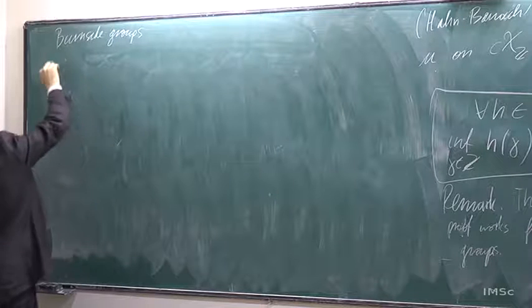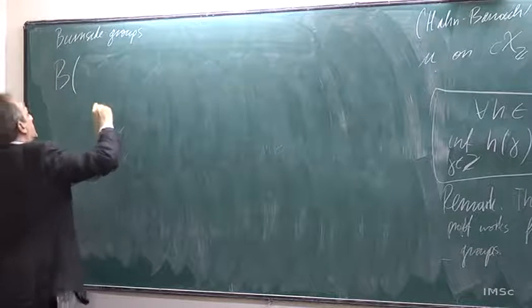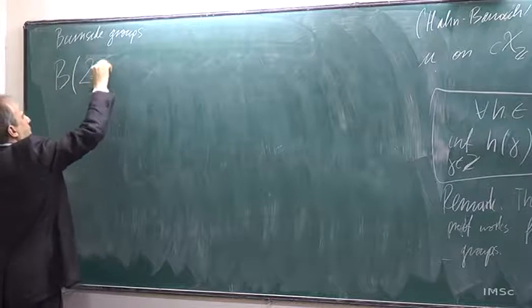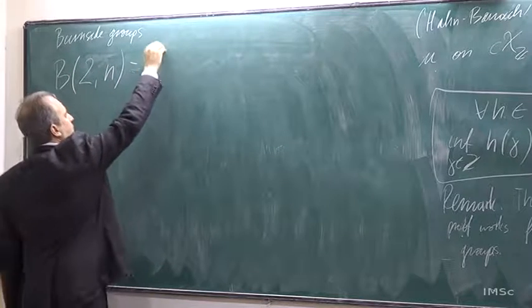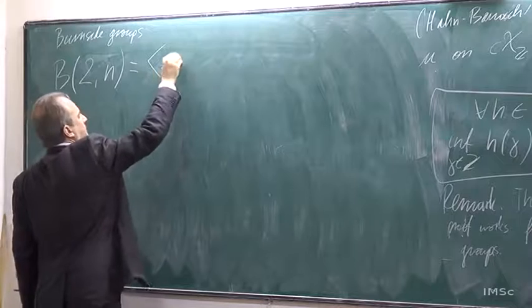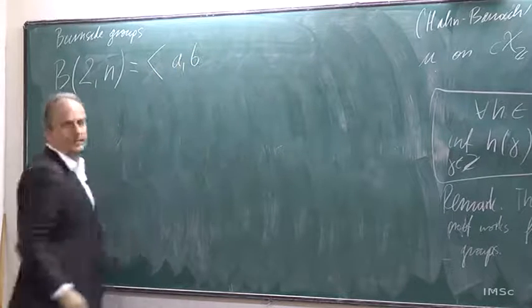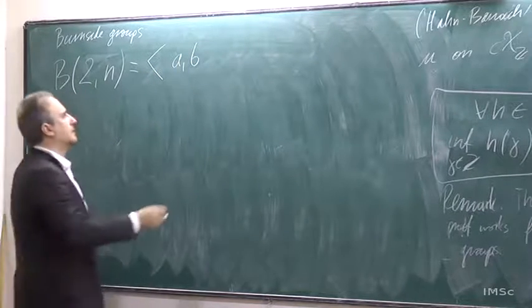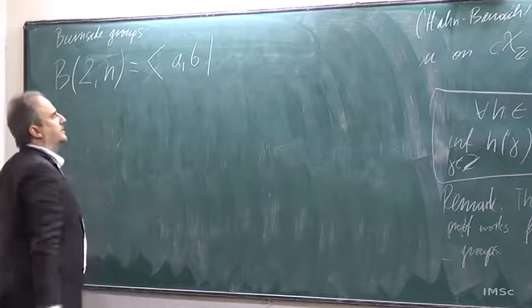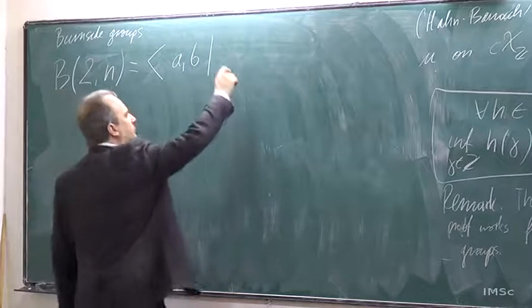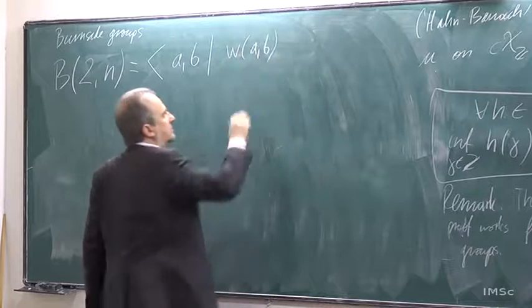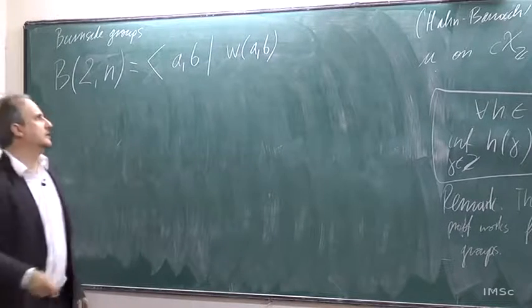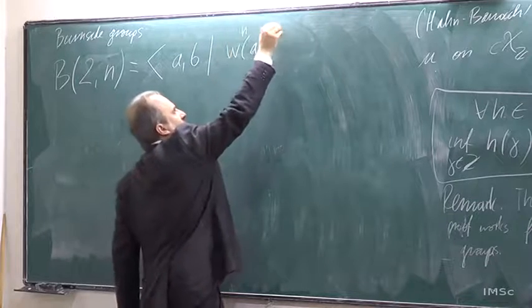Okay. In particular, B(2,n). So this is a group generated by two elements, A and B, and as relators, we'll put all words in letters A and B to the power n.